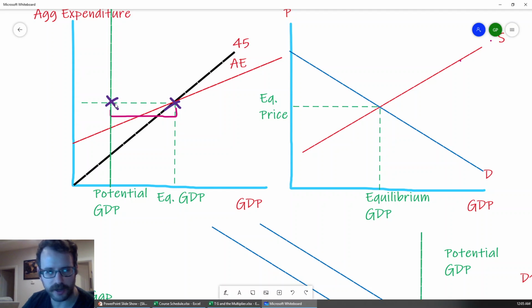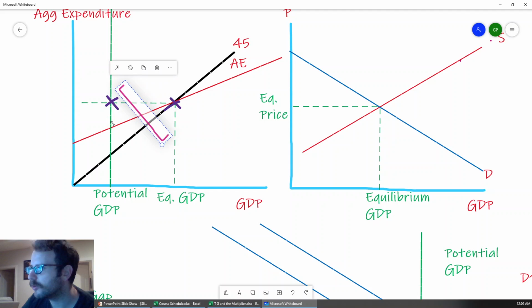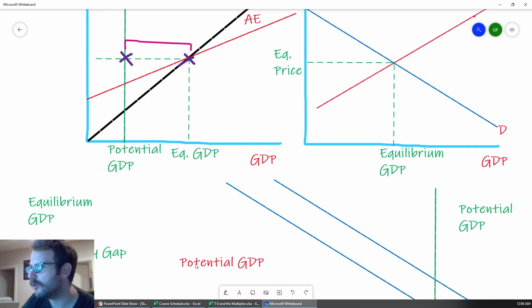This purple X here is just a horizontal, keeping that same price level for that potential GDP. But this purple line here is our inflationary gap.